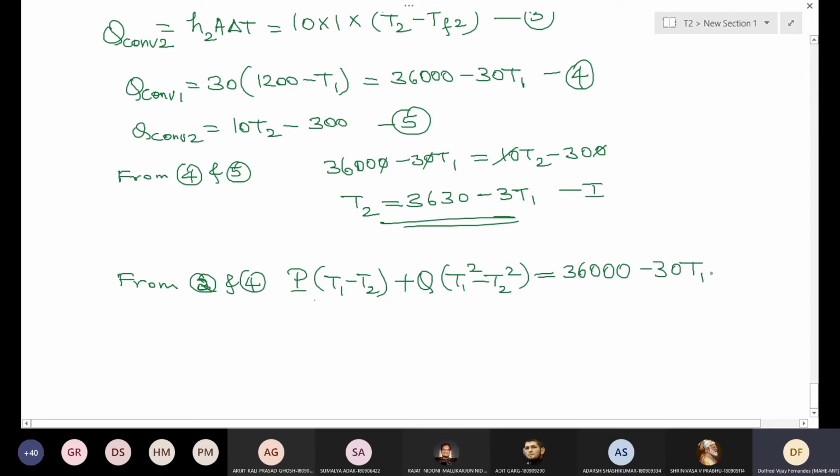Okay, so this is another equation we have.